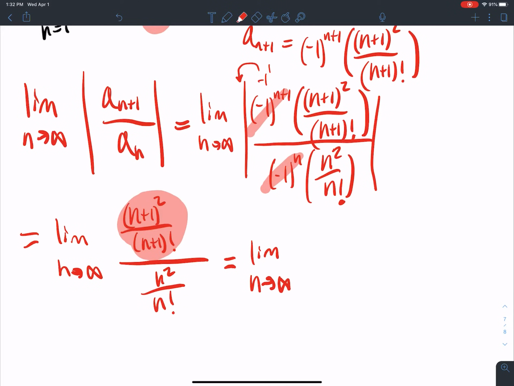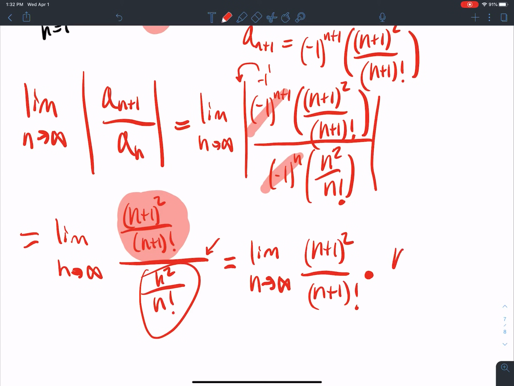So keep the numerator the same, n plus 1 squared over n plus 1 factorial. Change division to multiplication. And then flip, do the reciprocal of the denominator right here. Now what I want you to note is this thing actually multiplies out to n plus 1 times n minus 1, all the way down to 3, 2, 1.